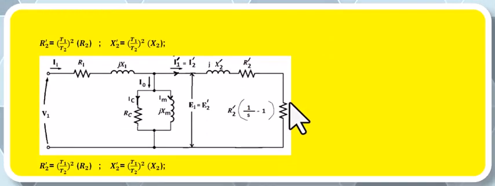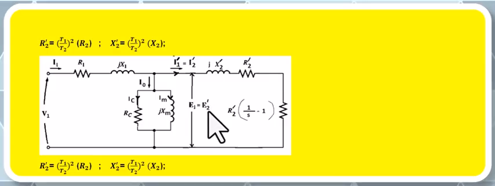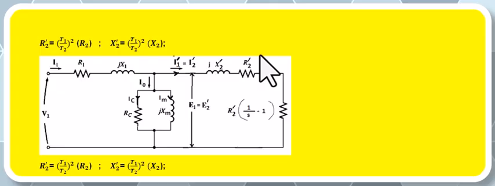So then we get like this: X2 is transferred here, so it becomes jX2 dash, and R2 transferred to the stator side, so we write R2 dash. Similarly R2 dash into (1 by S minus 1) comes in place of R2 into (1 by S minus 1). Similarly E2 is replaced with E2 dash, which is also equal to E1, and I2 becomes I2 dash, which is equal to I1 dash.